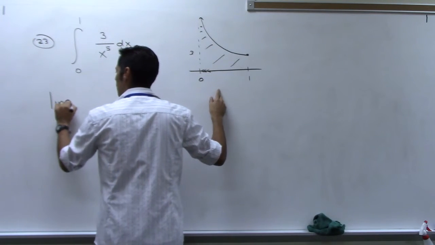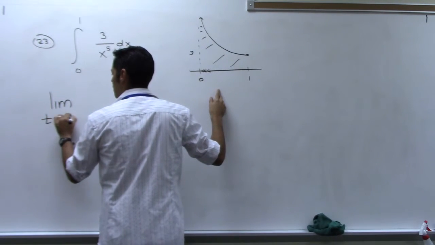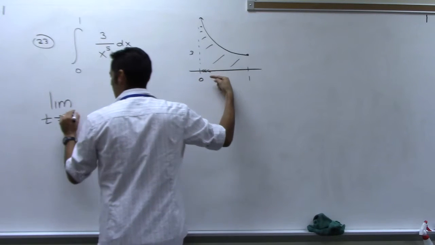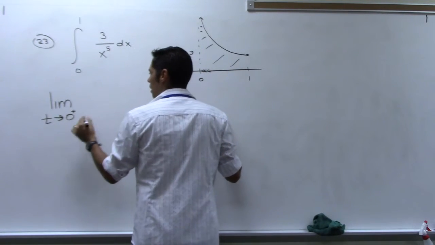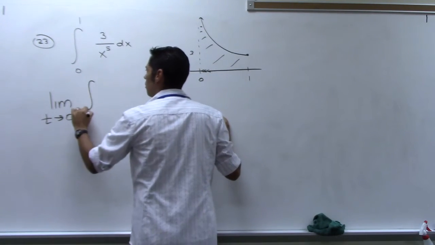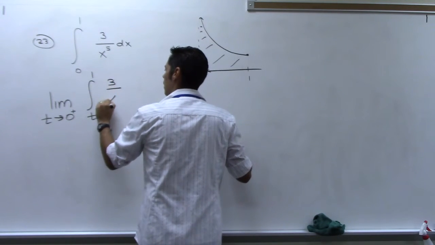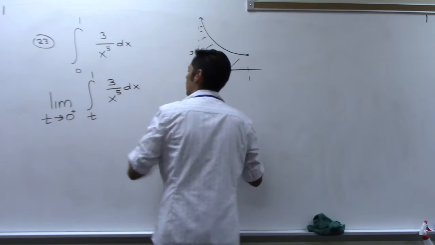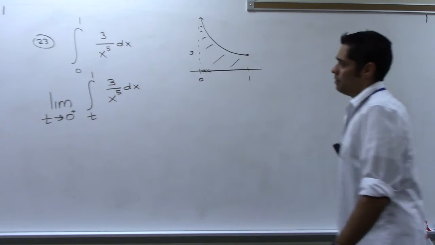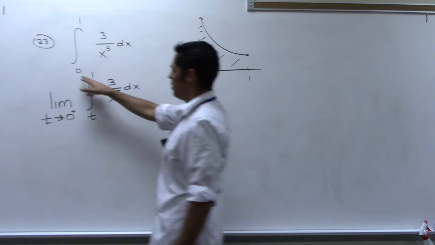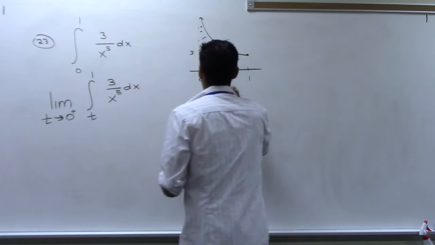The limit as t approaches 0 from the right side, so a little plus symbol there, of the integral from t to 1 of 3 over x to the 5th dx. So replacing the 0 with t, and then at the end we'll let t go to 0 from the right.